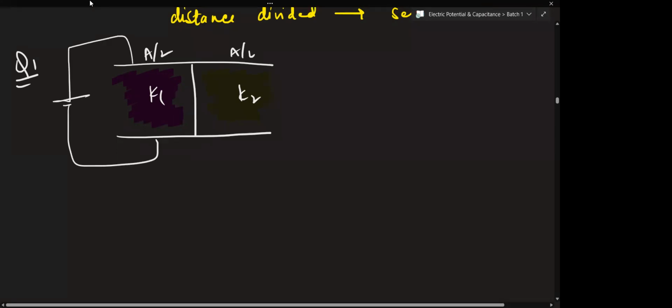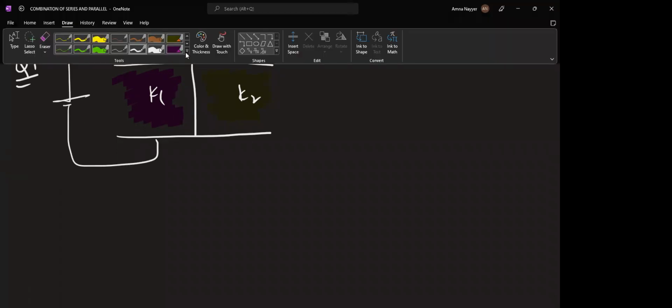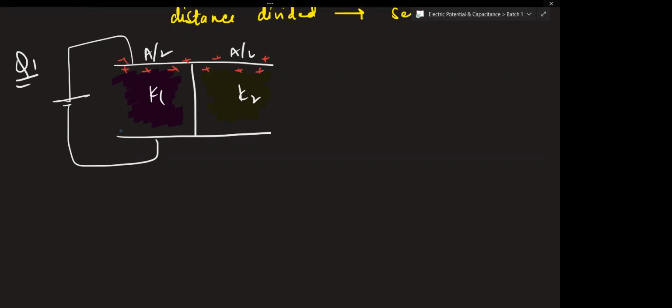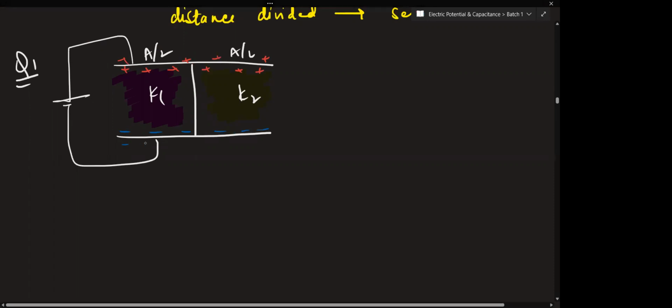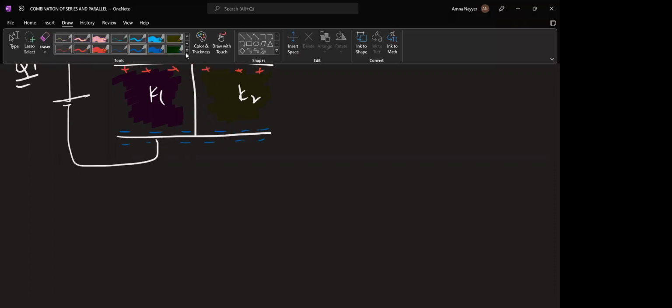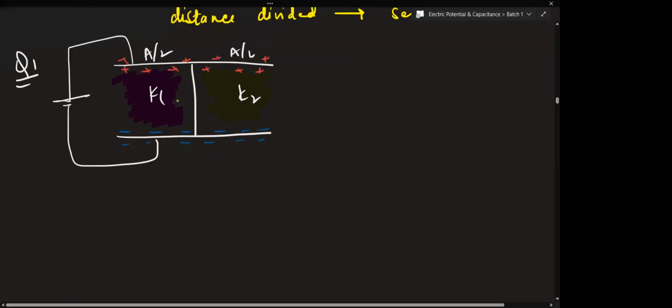So this plate will become positively charged, and the other plate becomes negatively charged. Now, as I've told you, if you have area getting divided, it means it is connected in parallel.